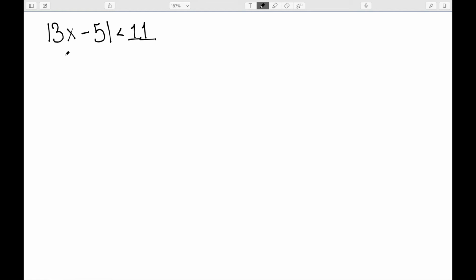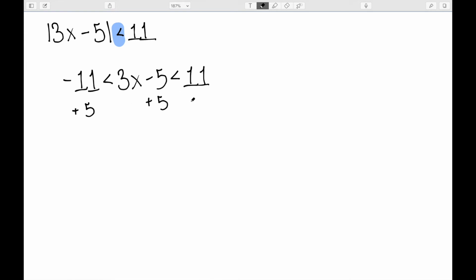Now let's do the absolute value of 3x minus 5 is less than 11. So once again, we have a less than case here. So that means we need -11 is less than 3x minus 5, which is less than 11. We're going to add 5 to all three sides. -11 plus 5 is -7. 11 plus 5 is 16.